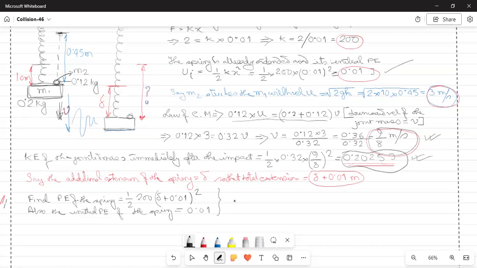Taking these together, the increase in potential energy of the spring is equal to, this will get cancelled, so it will be 100 into delta plus 0.01 whole square minus 0.01. This is the increase in potential energy of the spring. So this is one way the kinetic energy will be spent.